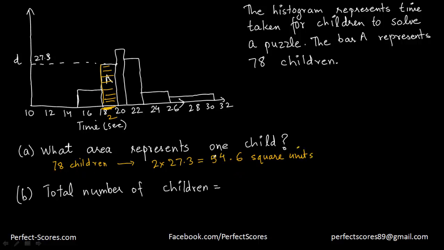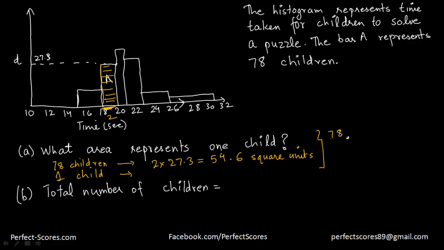So if 78 children are represented by 54.6 square units, we have to find how much area one child represents. Since there is a direct relationship, their division is going to be a constant.